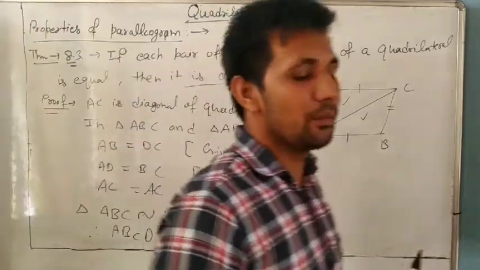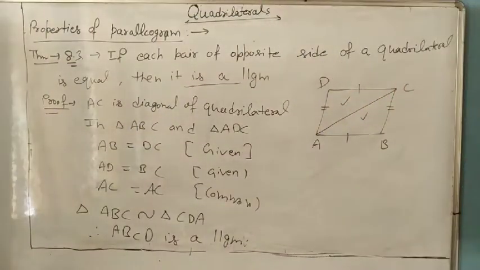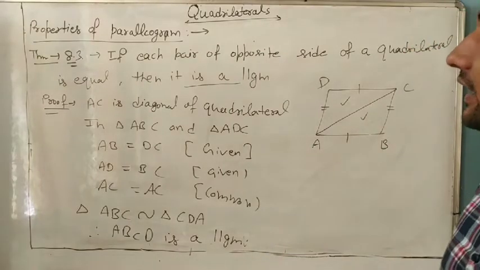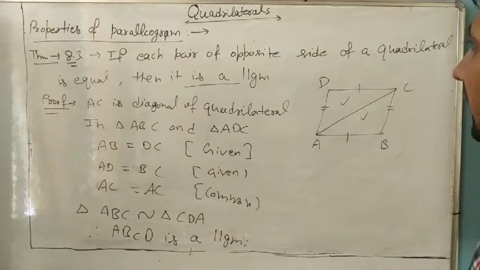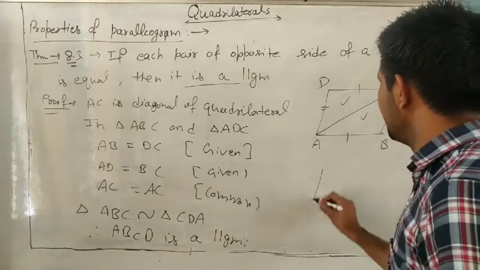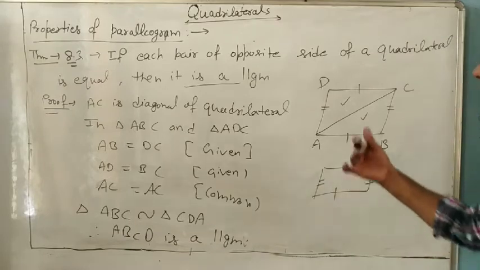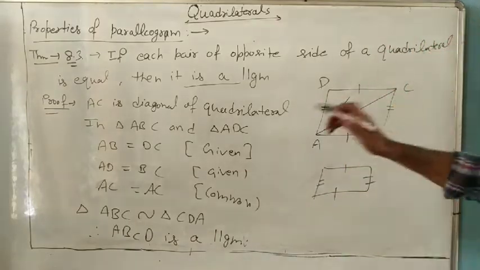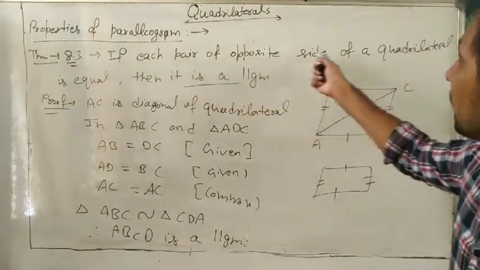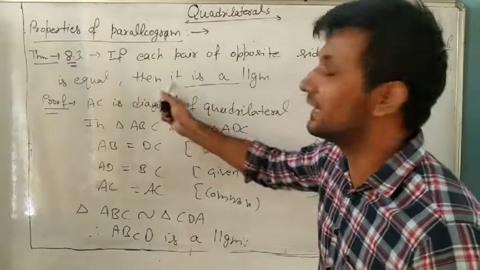So always remember, from the theorem number 8.1 we discussed here what is in 8.1 and 8.2. It means if in any quadrilateral opposite sides are equal, then it is a parallelogram. Here we proved that if each pair of opposite sides is equal, then it is a parallelogram.